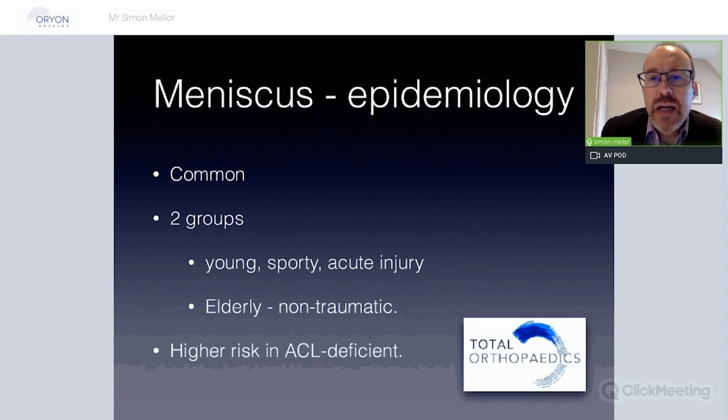Just if we look at a cross-section of MRI scans of people above the age of 40, even between 40 and 50, there is a significant percentage of people who will display meniscal pathology, which is obviously non-traumatic in nature and actually not symptomatic either. And we know that meniscal tears are more prevalent in patients who have an otherwise unstable knee, for example, after ACL injury.